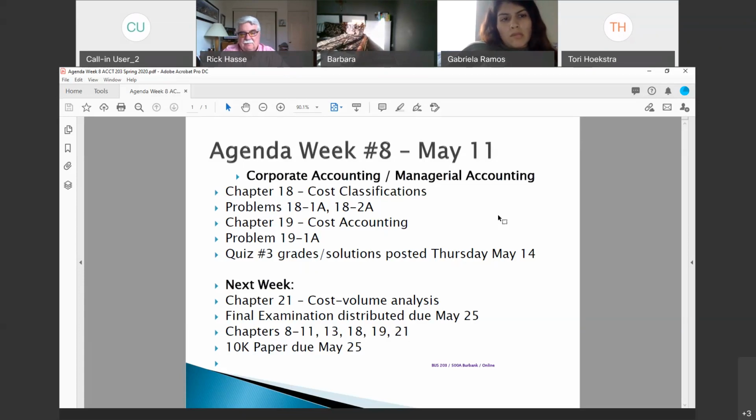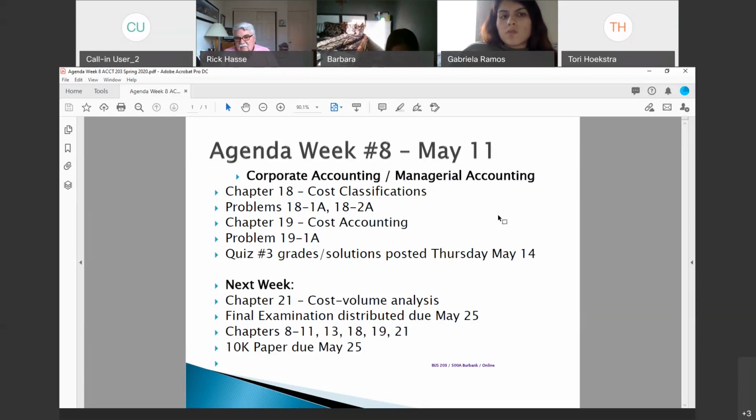Now, the nature of making that decision of what to charge a customer is a couple of things. Number one, before you make that decision, you've got to know, what is it costing you to make that product? What is it costing you to provide that service? This is what managerial accounting is. What does it cost us to provide products and services? And as you see, Chapter 18 is about classifications of costs.